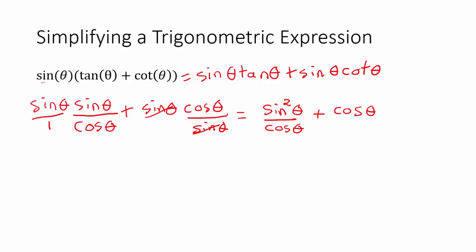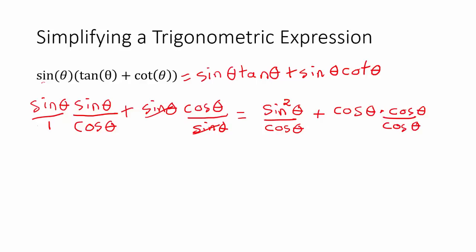Now I want to add these two expressions together to see if this simplifies further, but I need to have a common denominator. So I'm going to multiply this cosine of theta by the cosine of theta over the cosine of theta, so that I will have a common denominator of cosine theta.